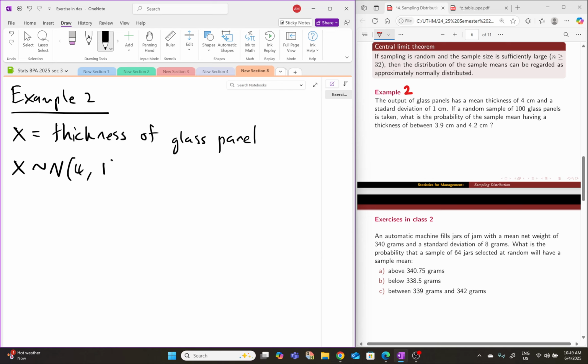Saya tulis dalam bentuk variance. If a random sample N is 100, what is the probability of sample mean having a thickness between 3.9 and 4.2.